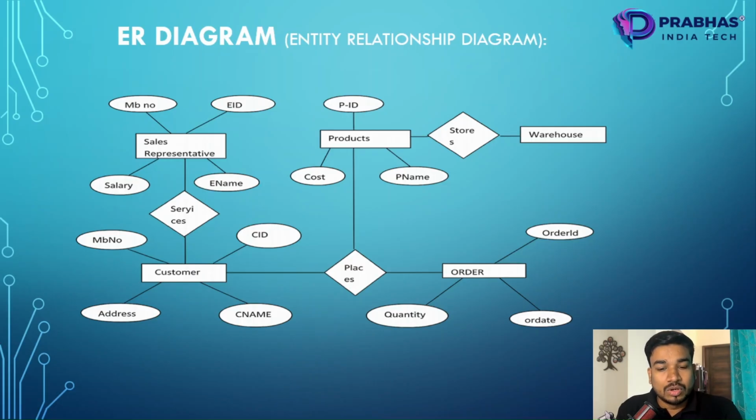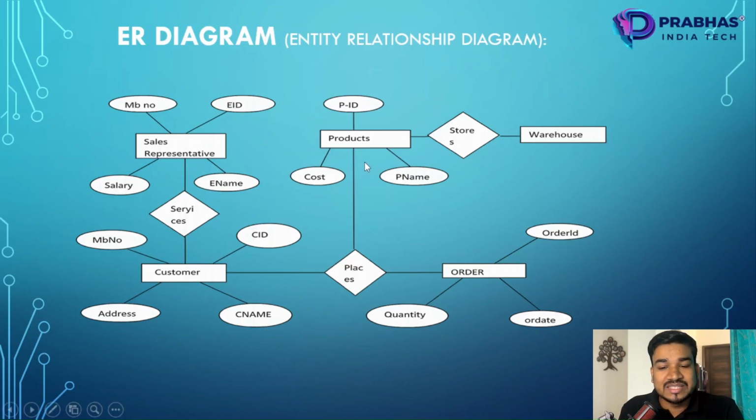Okay, suppose you want to maintain the relation between two tables, so on which column can you maintain it? Here we can see the ID column is common in all the tables. In the sales representative table we have EID, so just the naming convention is different, but the main column is regarding the ID.